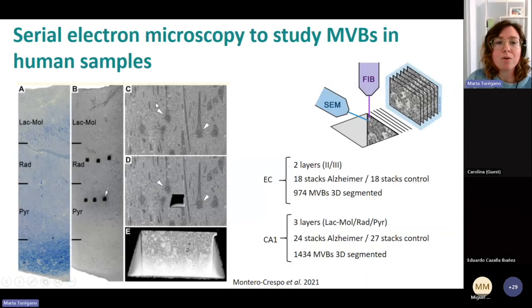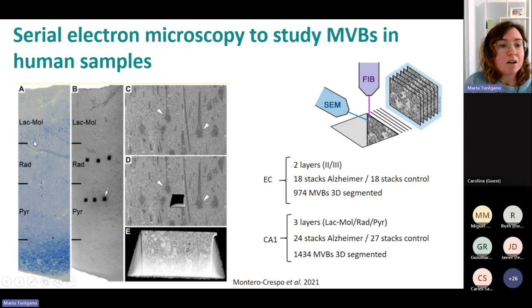Okay. So to study the samples, we identify the region that we want with toluidine blue. And then we use the FIB-SEM microscope. I don't know if you are familiar with this microscope, but it's an electron microscope with 2 beams.